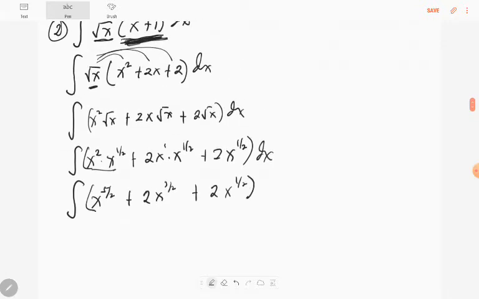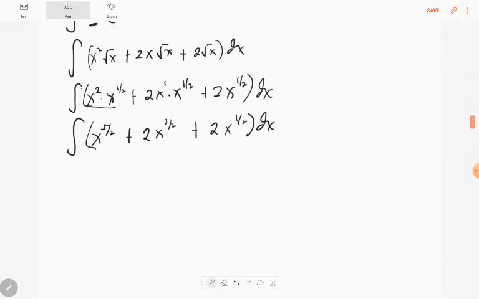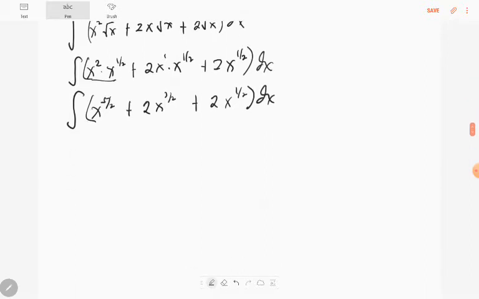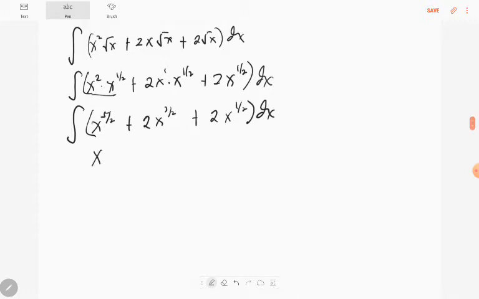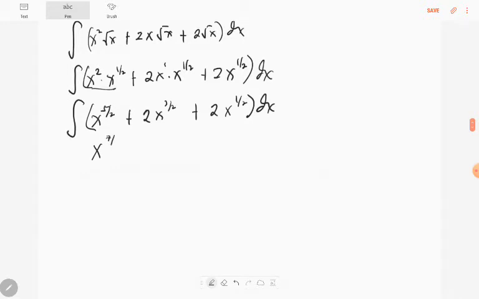Okay, still with the dx, since we have not integrated the function yet. Integrating the function will give us x raised to, what is 5/2 plus 1? It becomes 7/2, over 7/2, right?